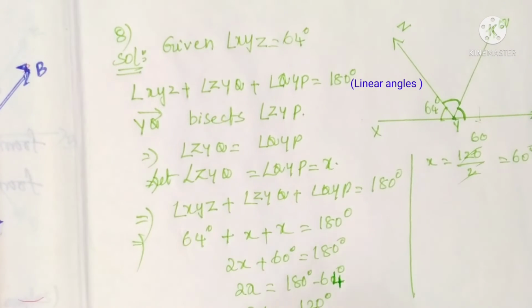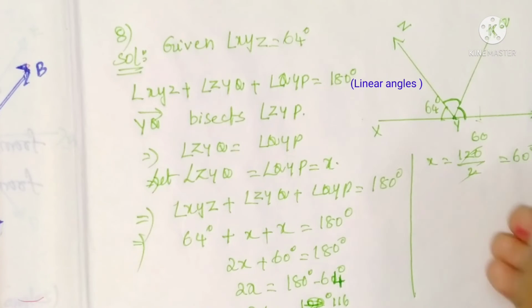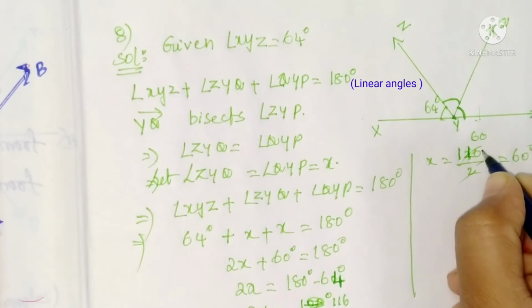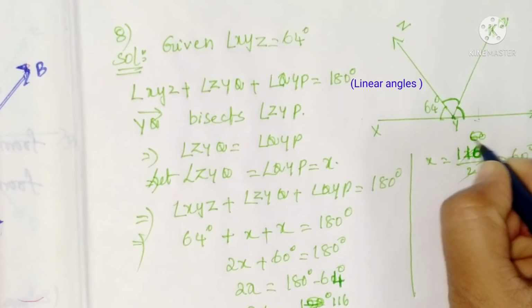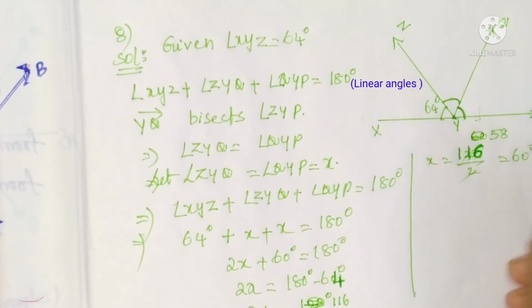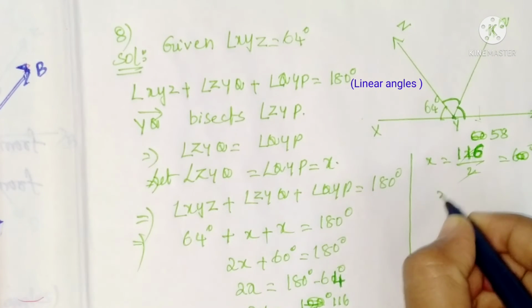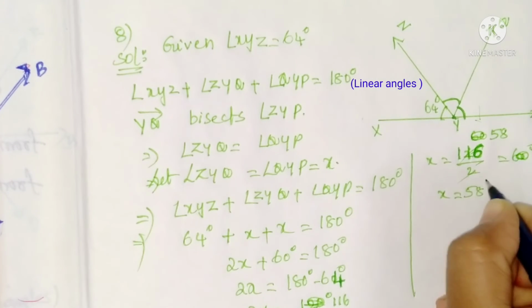So 180 minus 64 is 116, and X equals 116 by 2, which is 58. Sorry for the mistake. So X equals 58 degrees.